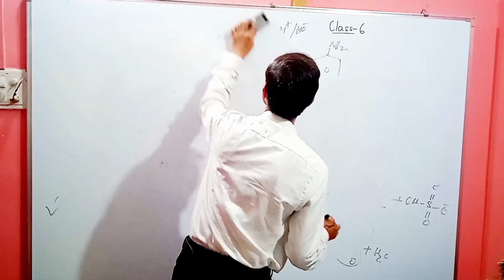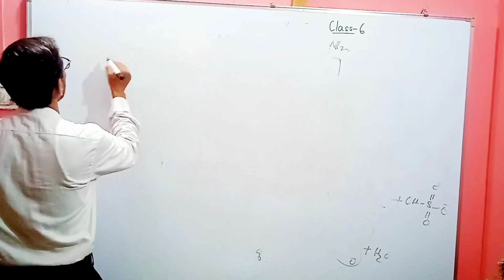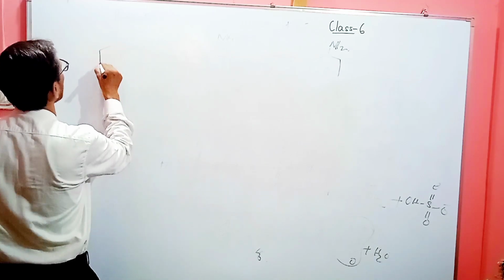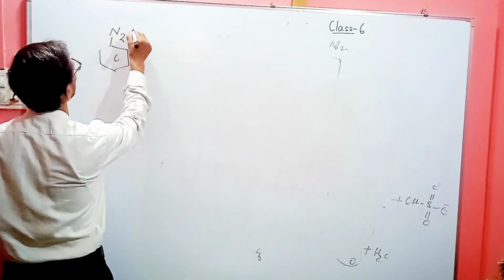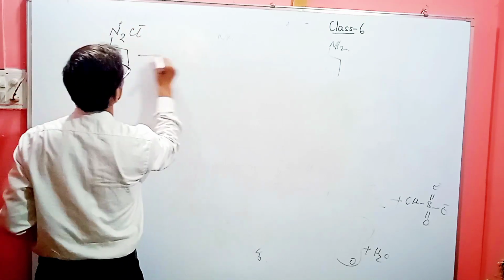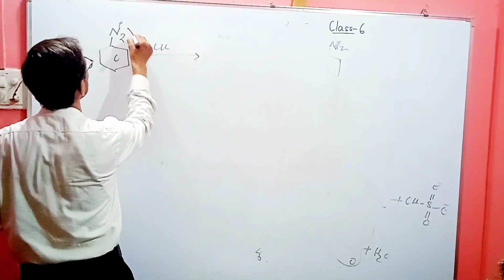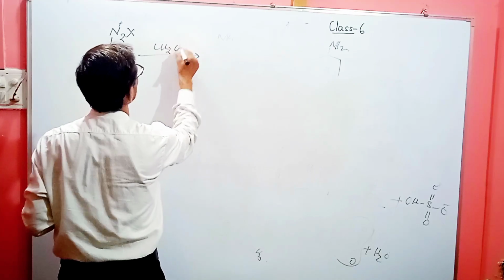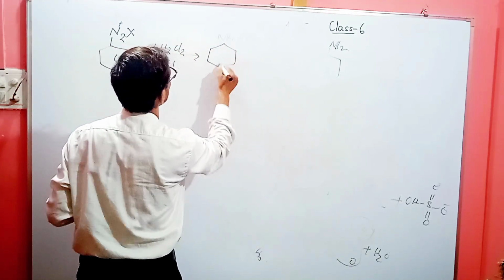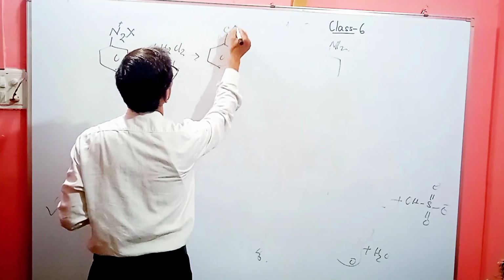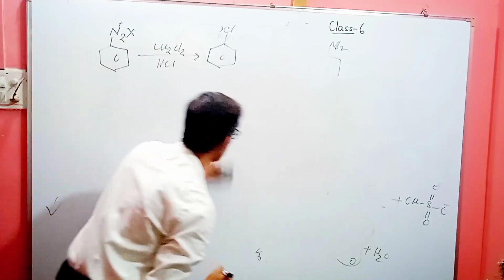Now let us discuss in short benzene diazonium chloride. You may give it X. The answer is chlorobenzene that comes from this one, and X will come out on the other side.